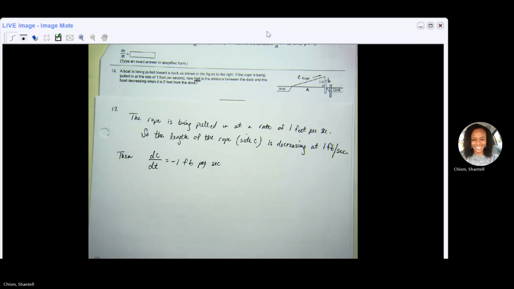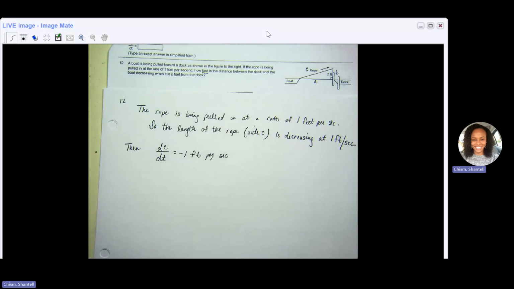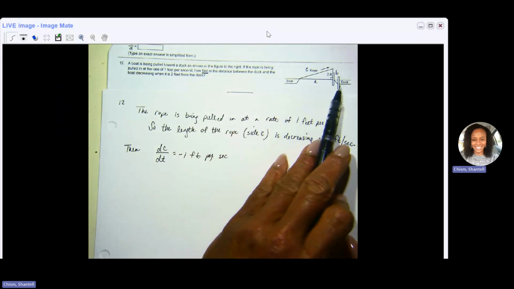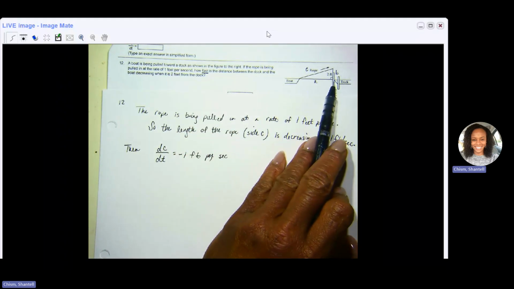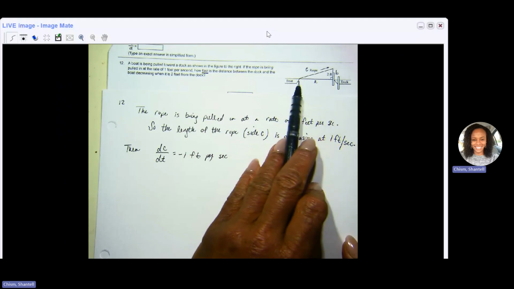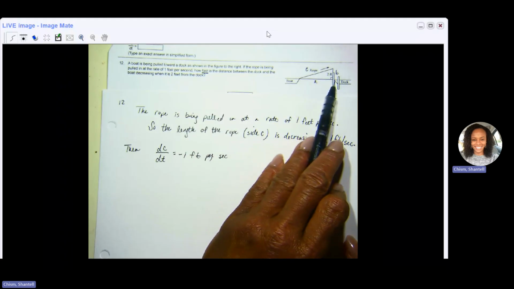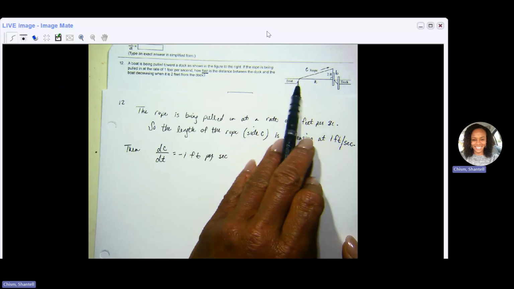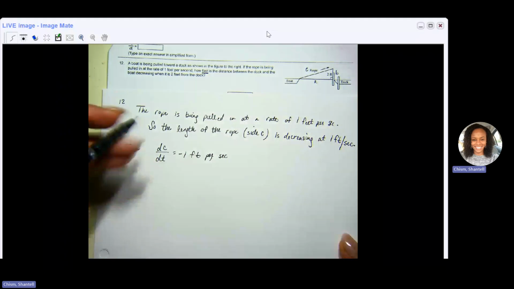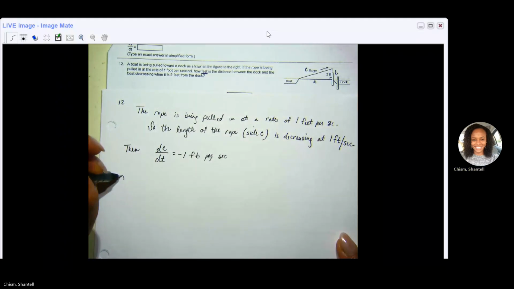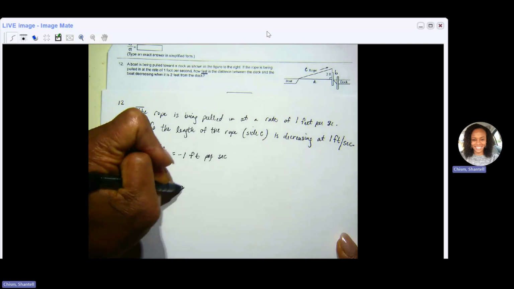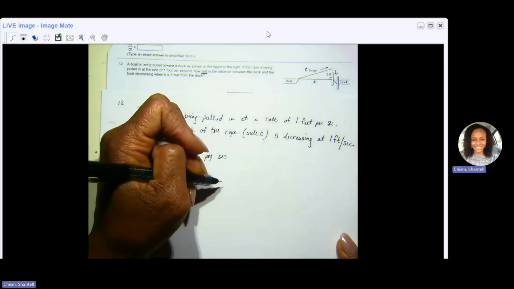Okay? This is what we're looking for. It says, how fast is the distance between the dock right here and the boat decreasing when it is 2 feet from the dock? In other words, we want to find the rate that A is changing when the length of A is 2 feet. So we want to find how fast A is changing, or decreasing.